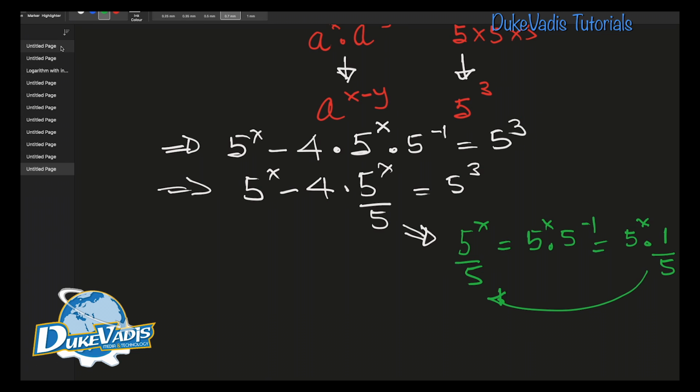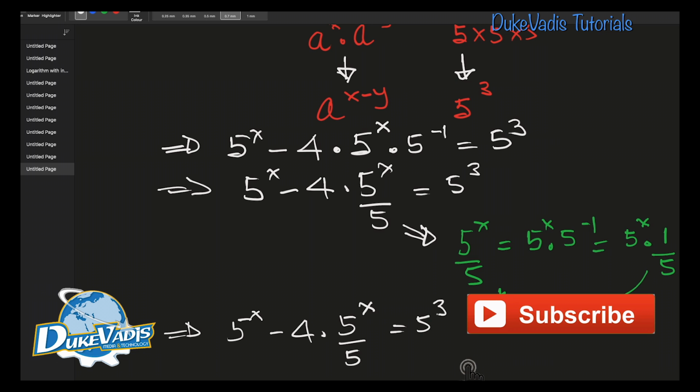By so doing, we can say that 5 raised to the power x minus 4 dot 5 exponent x divided by 5 is equal to 5 raised to the power 3.